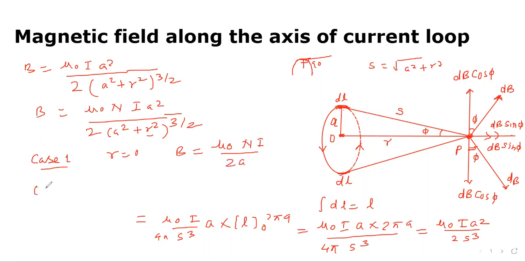Now, second case, when r is greater than a. In that case, a square can be neglected. Then in the denominator, we will get r cube.